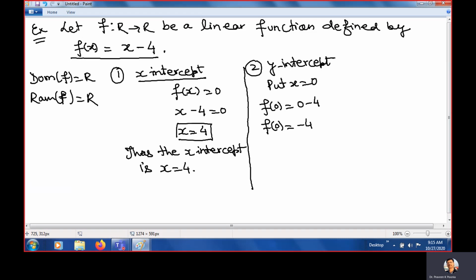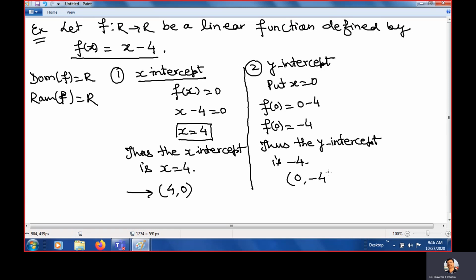Clear? So what is the y-intercept? Thus, the y-intercept is minus 4. Clear? So the line will pass through the point (4, 0) because the x value is 4, and it will cross the y-axis at (0, -4).